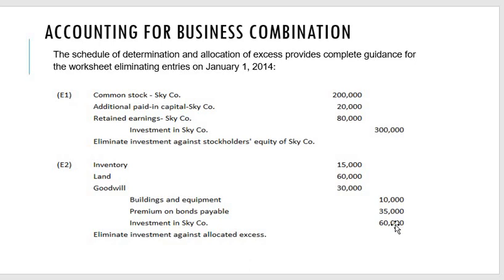Then, in our second entry also, we should recognize the difference between the book values and fair values of the assets and liabilities, or the undervaluation or overvaluation of assets and liabilities at the date of acquisition of Sky Company.